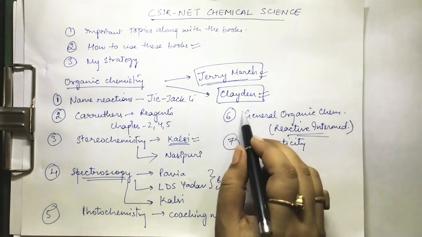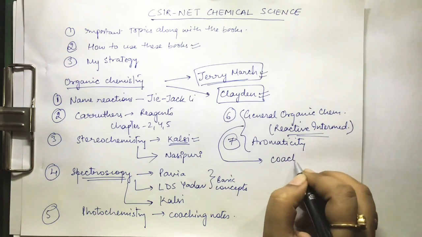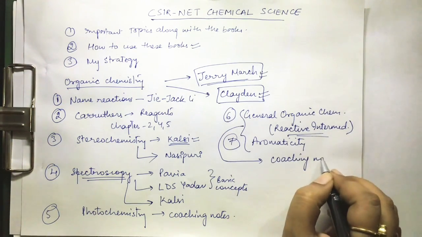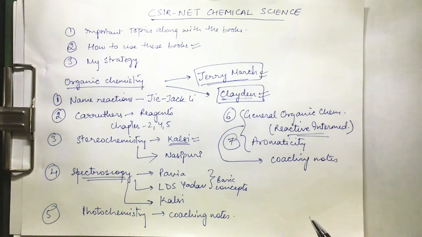Again, you can look for any coaching notes preferably, otherwise you can go for this book Clayden. That will be sufficient for studying all these topics. So this is all about organic chemistry, important topics, and the books you need to refer for studying organic chemistry.